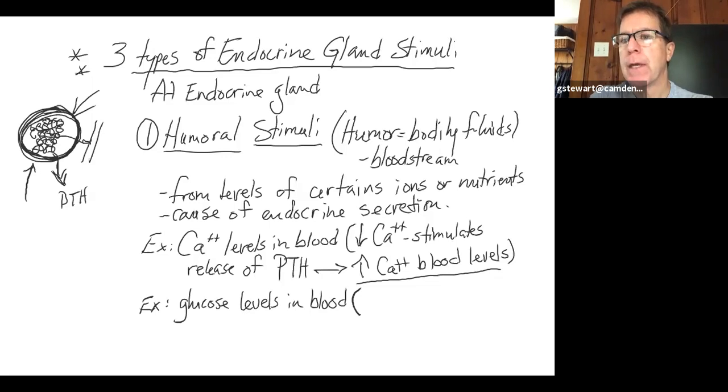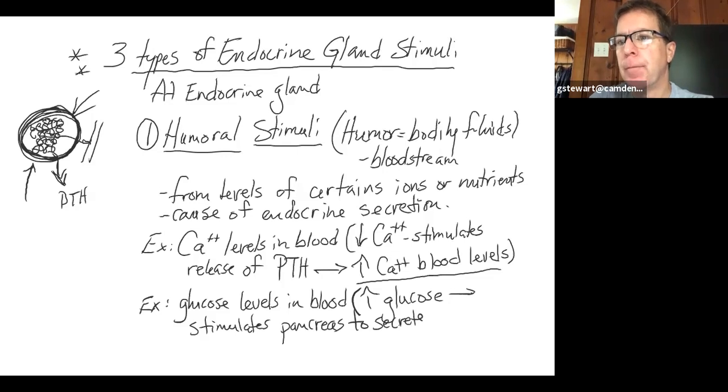When we get an increase in blood glucose levels, that stimulates the pancreas to secrete insulin. Insulin gets sugar out of our bloodstream and into our cells. It gets that glucose across our cellular membranes.